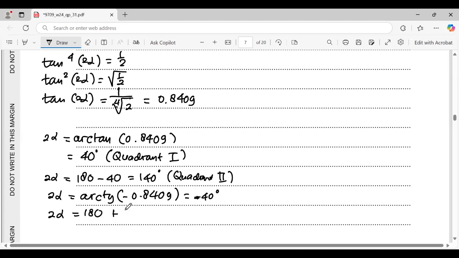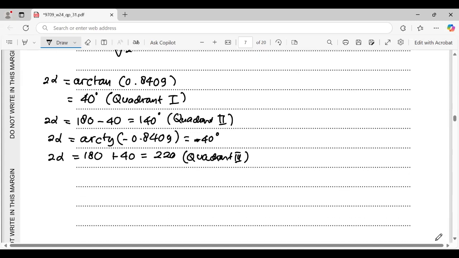This is 220, quadrant 3. And also 2 alpha equals 360 minus 40 equals 320.